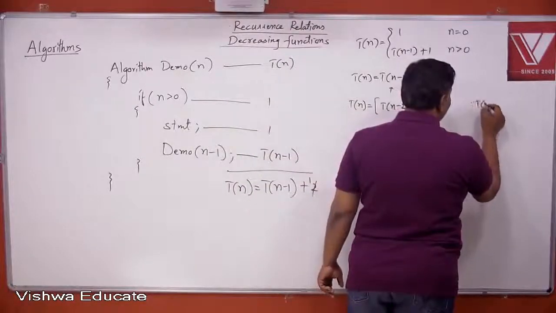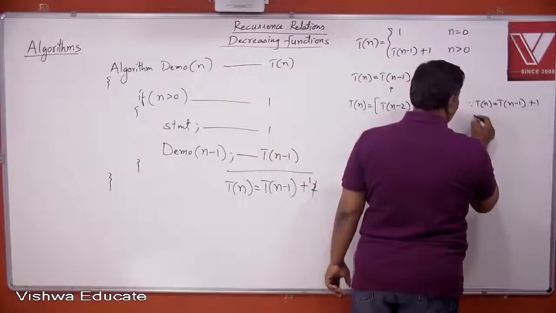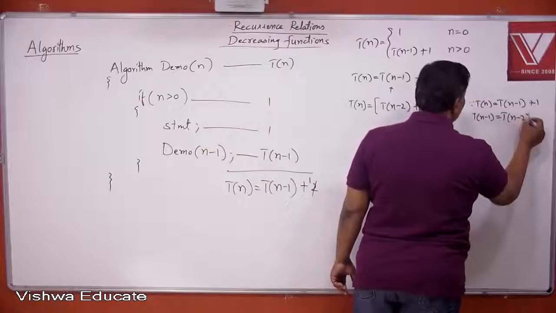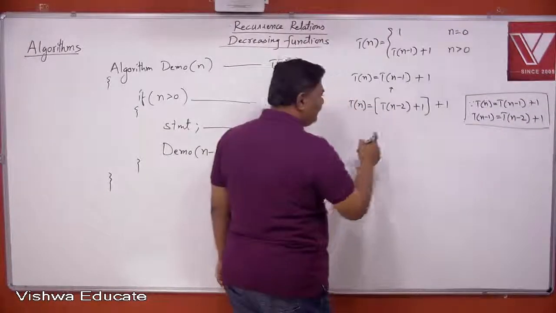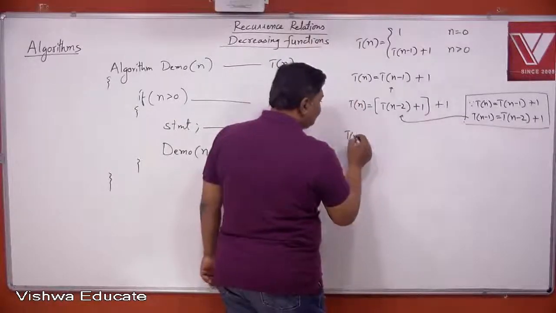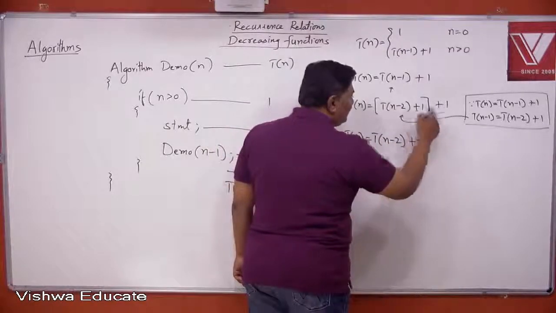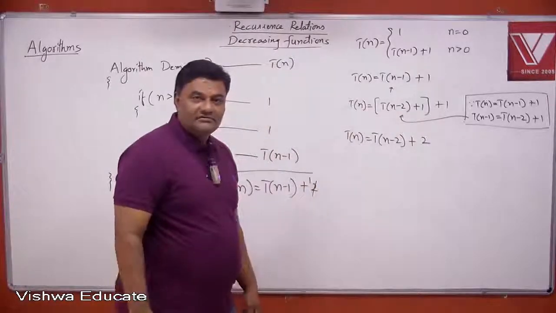Since Tn is equal to Tn minus 1 plus 1, then Tn minus 1 will be Tn minus 2 plus 1. Therefore, I have substituted this one here. If I expand, Tn is equal to Tn minus 2 plus 1 plus 1, 2. Got it?